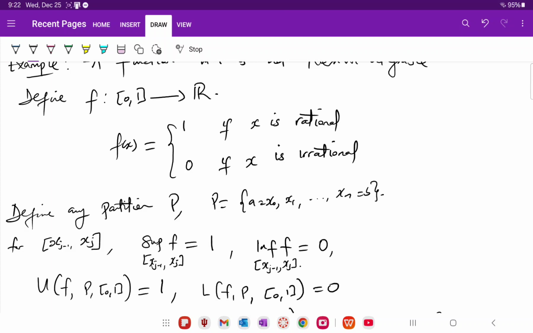Because later on we are going to see that the measure of the rational numbers should be 0, and since the function is already 0 on the irrationals, if we make use of another integral like the Lebesgue integral, then we are going to realize that this function should have an integral of 0, which we are going to check later on.